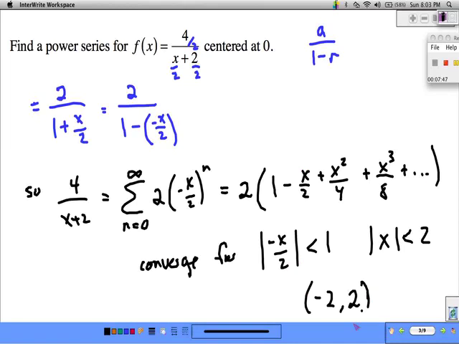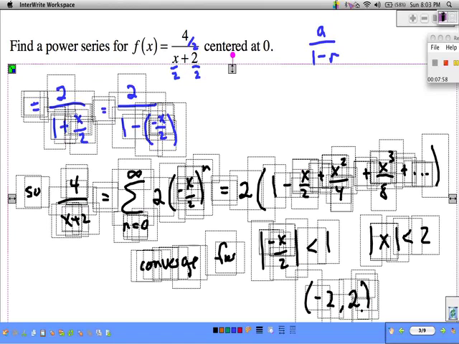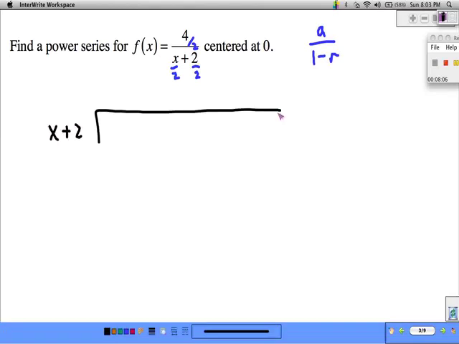Another way to find this power series is actually to do long division. I could take x plus 2, I'm dividing 4 by that. 4 plus 0x plus 0x squared plus 0x cubed plus so on.